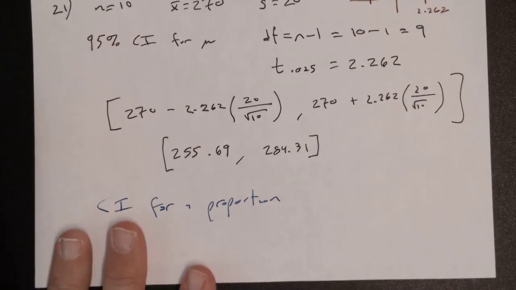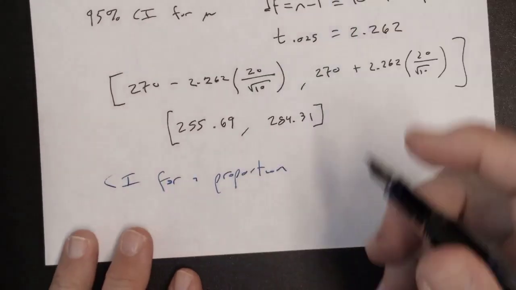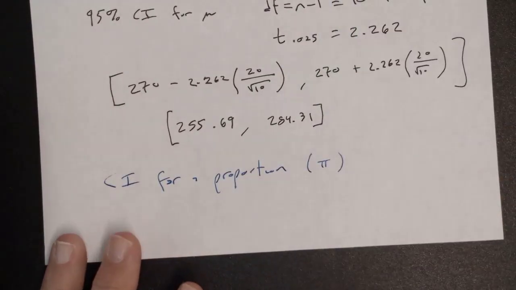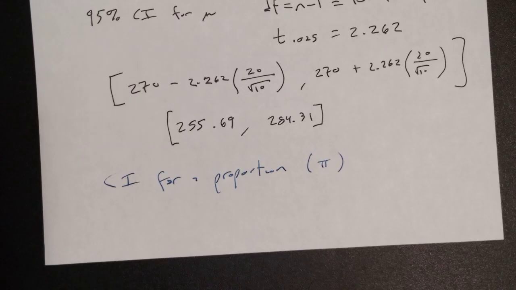Now, the proportion that comes out of my population was pi, and its estimator was P. Proportions are always between 0 and 1. You're looking at a fraction of the population. You can't tell me that this following thing is true for 130% of the people. Doesn't make sense.